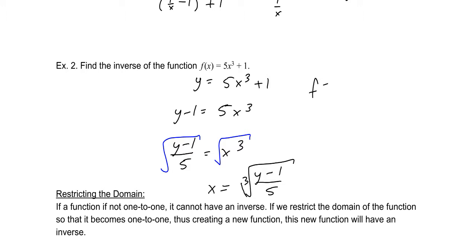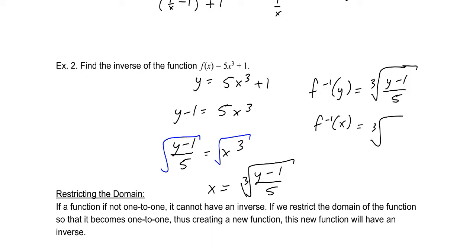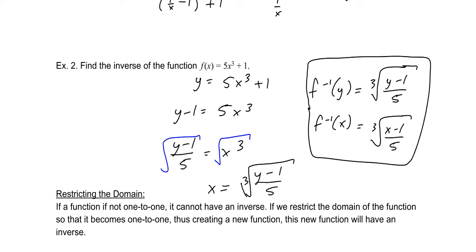So we can write f inverse of y equals the cube root of y minus 1 over 5, or f inverse of x equals the cube root of x minus 1 over 5. Just a change of variable so that we can plot them on the same coordinate axes if we would like.